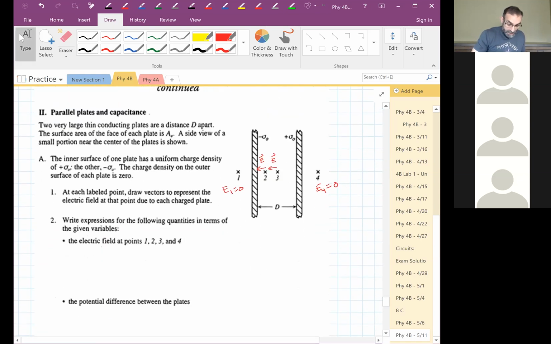So we have E, here it says write an expression for the electric field at each point. And what is the electric field equal to?